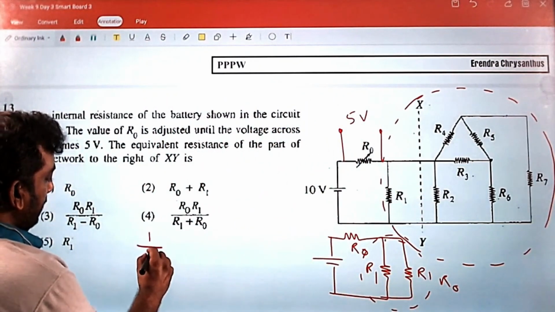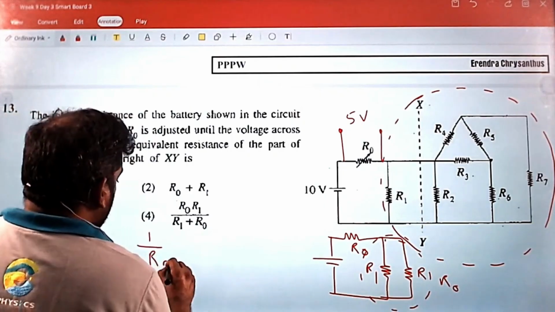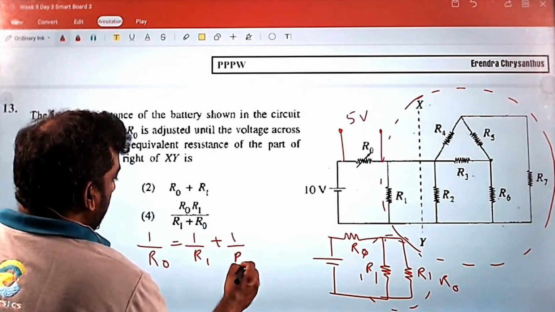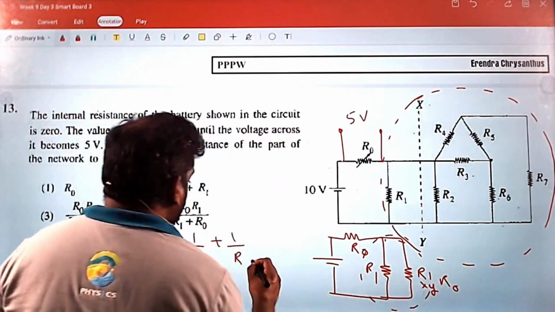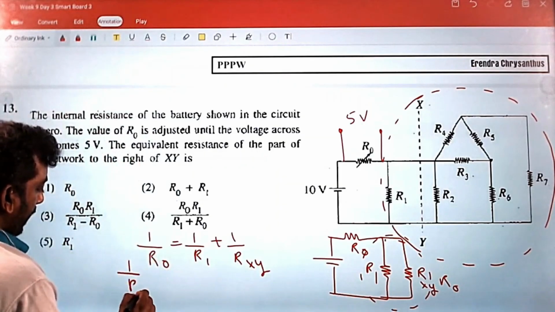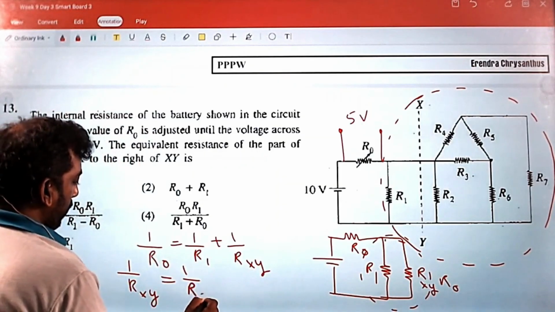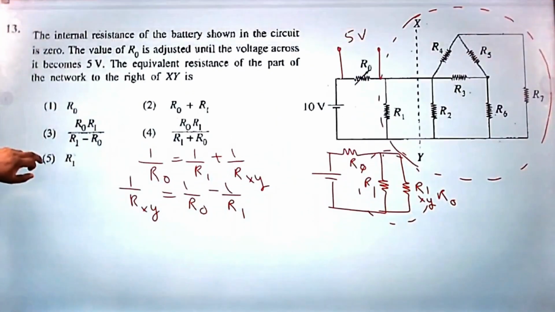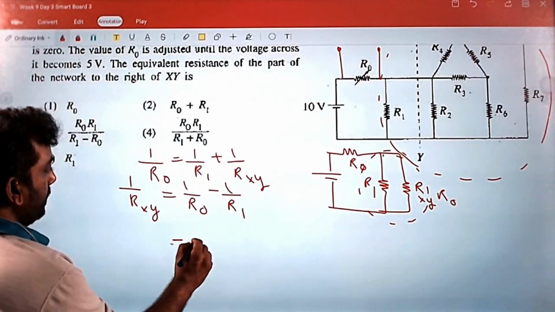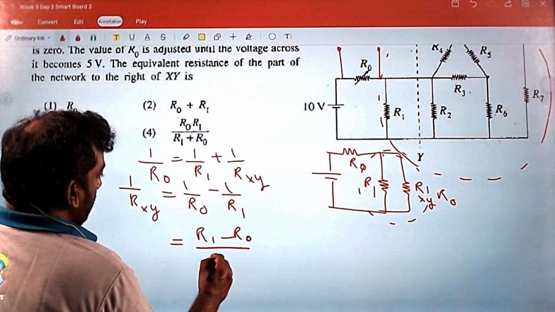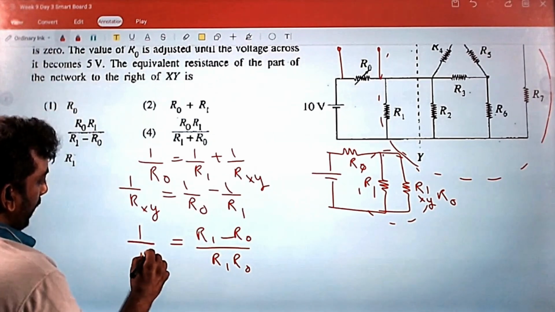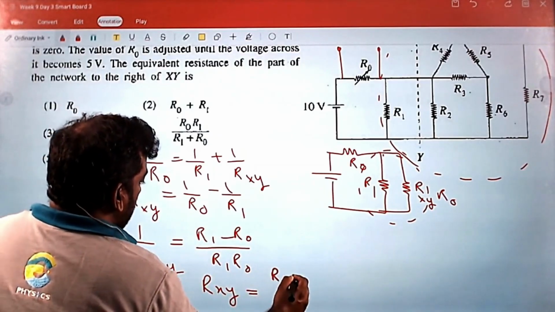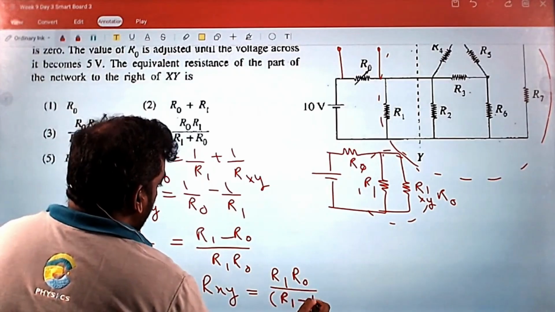So I can easily say 1 over R effective is R0, 1 over R1 plus 1 over R. I'll name it RXY. 1 over RXY is 1 over R0 minus 1 over R1. Simplify the relationship: R1 minus R0 over R1 R0. Turn upside down, RXY is R1 R0 divided by R1 minus R0.